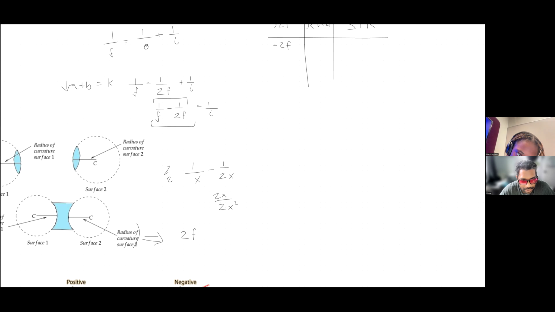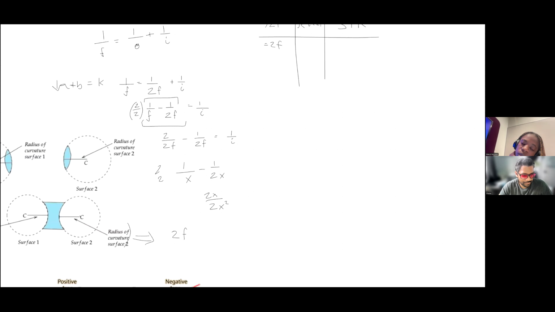So here we could do 2 over 2 times this to get 2 over 2f, right? And then we can do minus 1 over 2f to give you 1 over I. And that'll just be 1 over 2f equals 1 over I. Good.